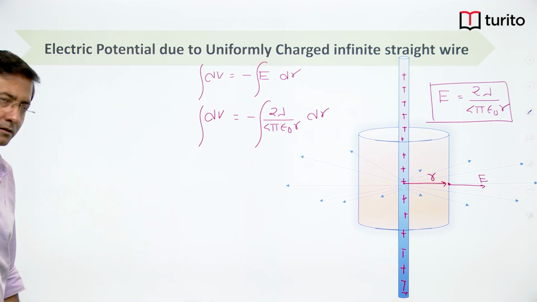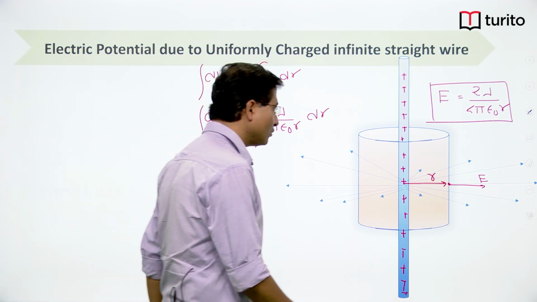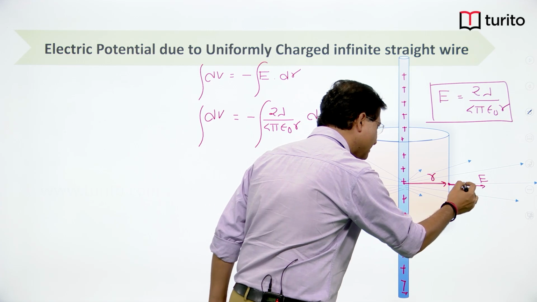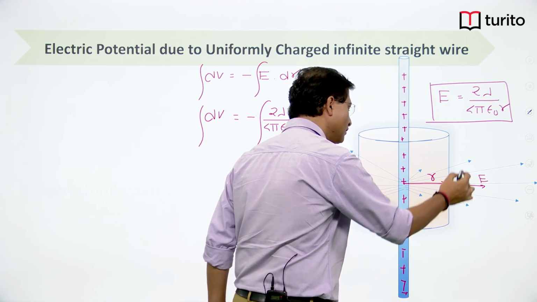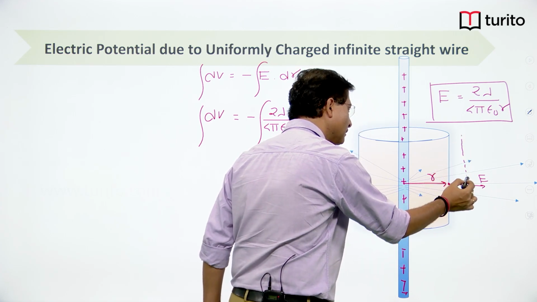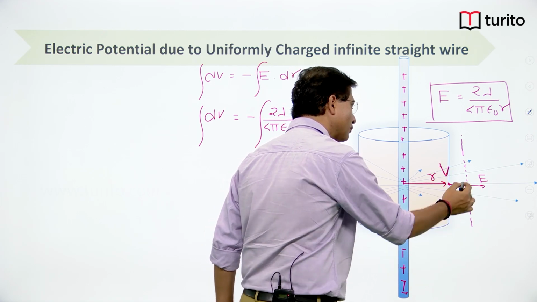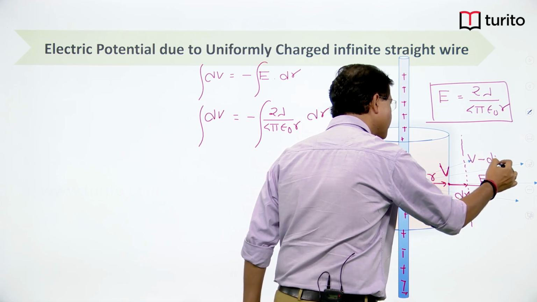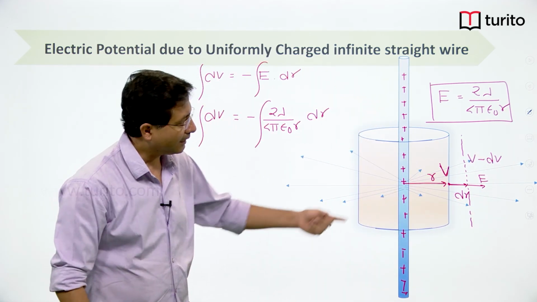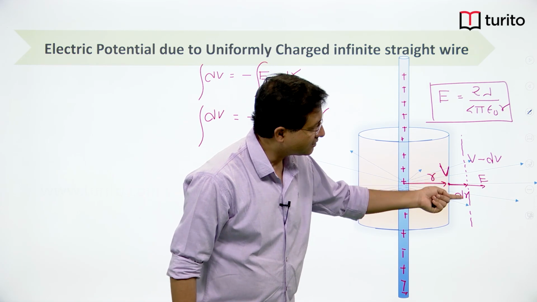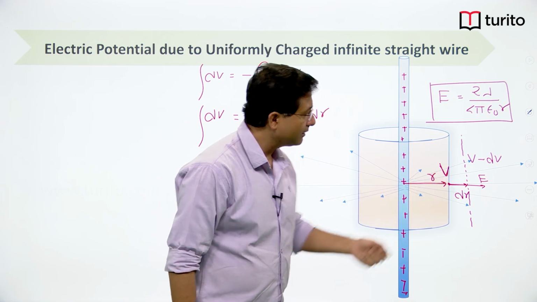Now comes the limit. As you go distance dr along the field, we know that if the potential here is V, the potential here will be V minus dV. If you go along the field by distance dr, the potential will get reduced by dV.